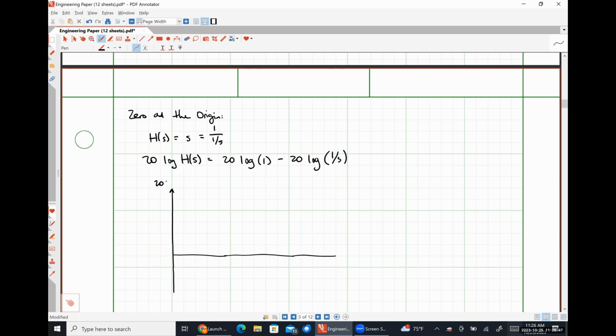So my frequency response, let's make this 10 to the 0, 10 to the minus 1, 10 to the minus 2, 10 to the positive 1, 10 to the positive 2, and so forth.